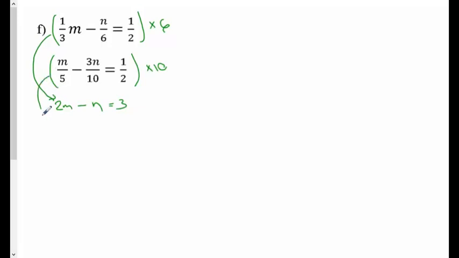And then from this one, when I multiply by 2, I have 2m minus 3n, because the 10's cancel there, and half of 10 is 5. So let's call that equation 1, and this one equation 2. I already have matching coefficients here, so the rest of this problem should be pretty straightforward. I don't need to multiply either of my equations by anything.